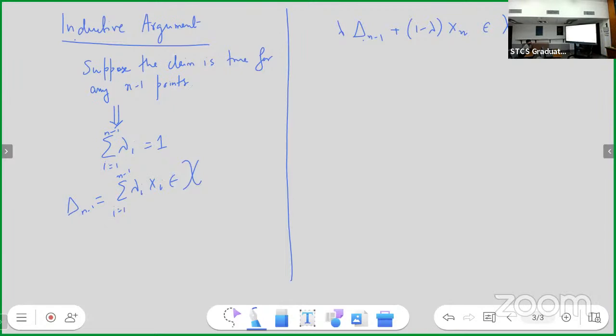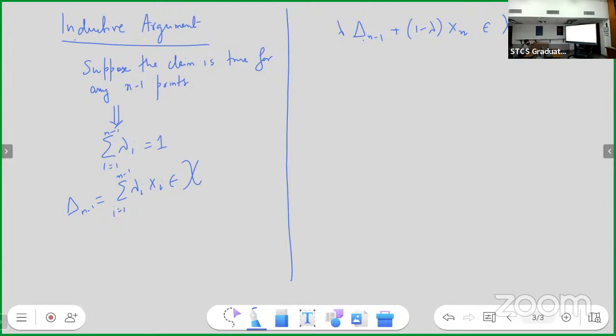You want to prove that the coefficients sum to 1, and you already have that summation lambda i sums up to 1.